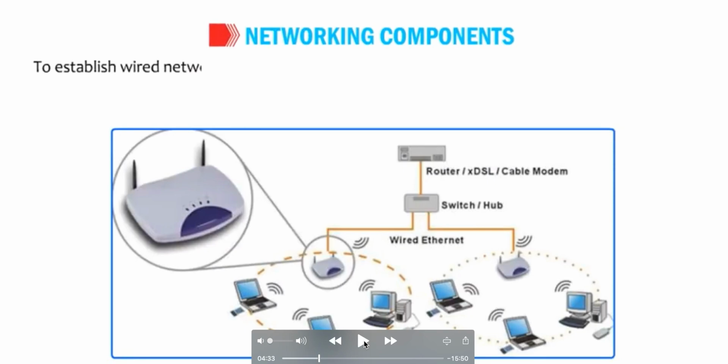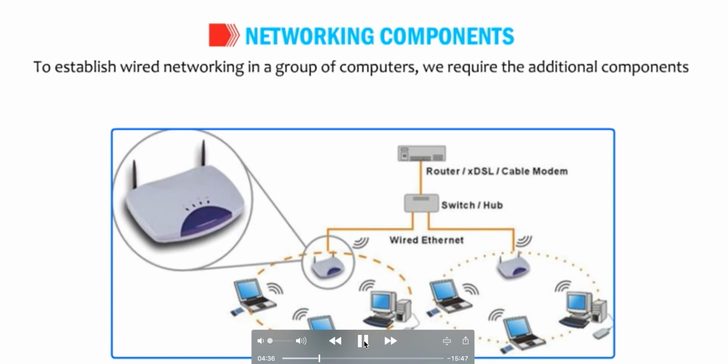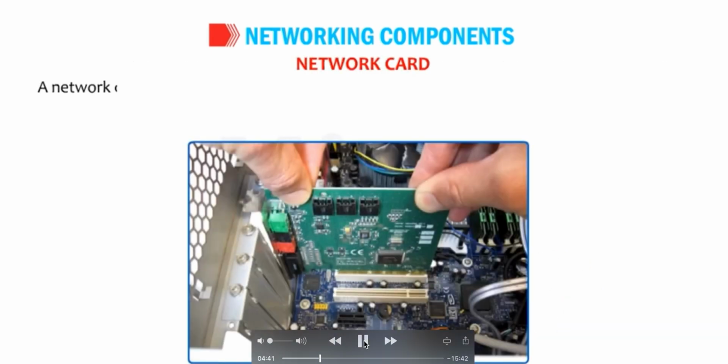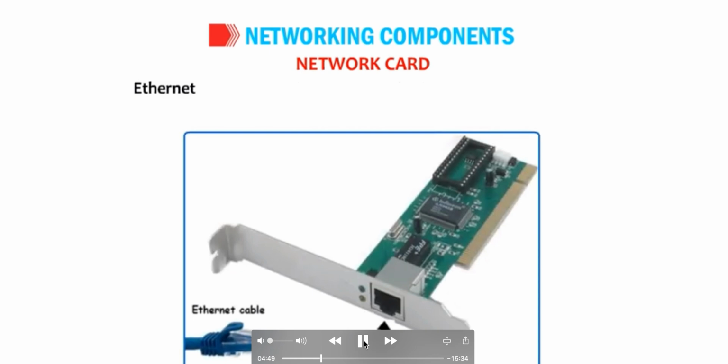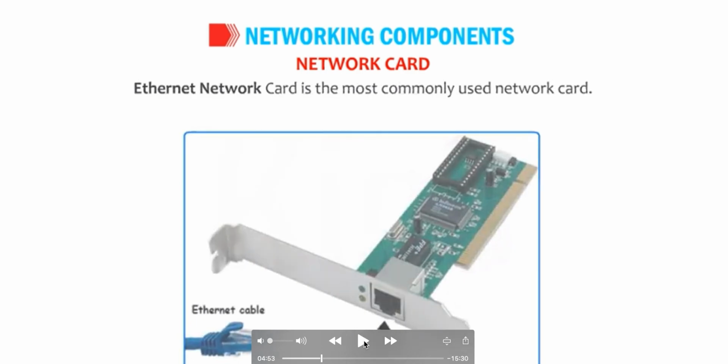Let's know about it. To establish wired networking in a group of computers, we require additional components, which are as follows. The first one is the network card. This card is used to physically attach a computer to a network so that it can participate in network communication. The Ethernet card, or Ethernet network card, is the most commonly used network card.